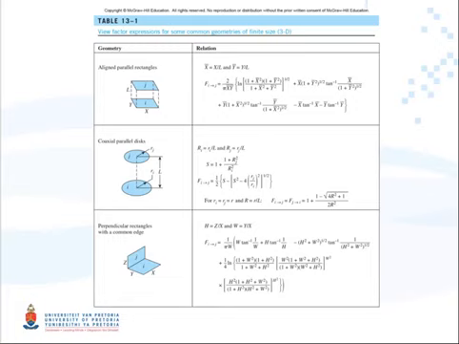So for very simple geometries, you can simply go to the table and find and calculate it. But the problem is, those are for very simple geometries and standard ones. In reality, most of the times we are facing geometries that are not standard, and we need to find the view factor based on these standard geometries.